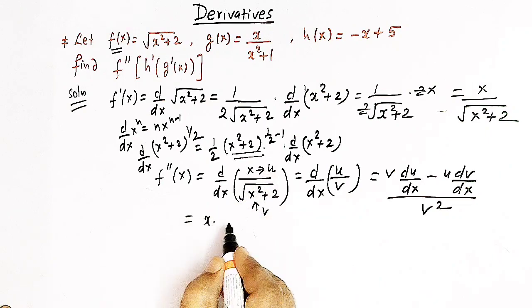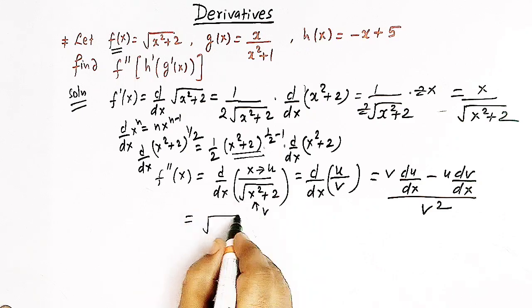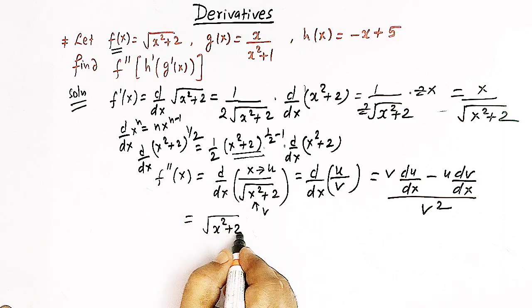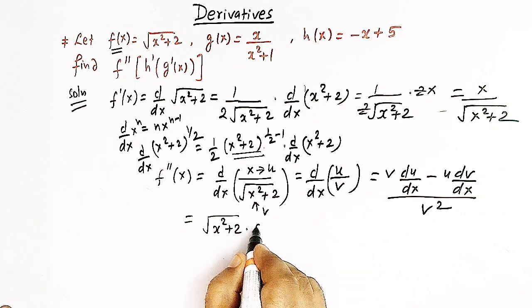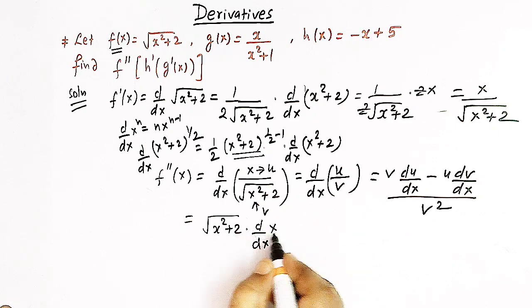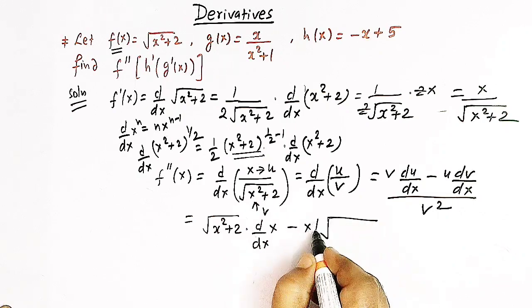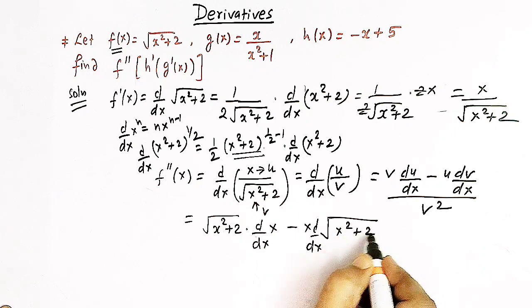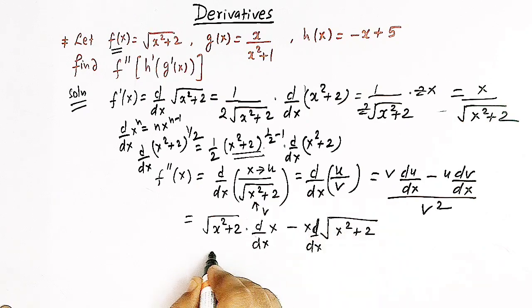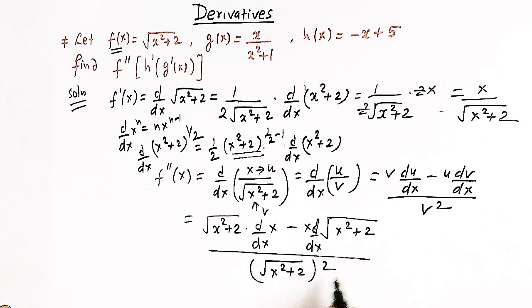So we have square root of x square plus 2 times the derivative of x, minus x times the derivative of square root of x square plus 2, and then divided by the square of square root of x square plus 2.